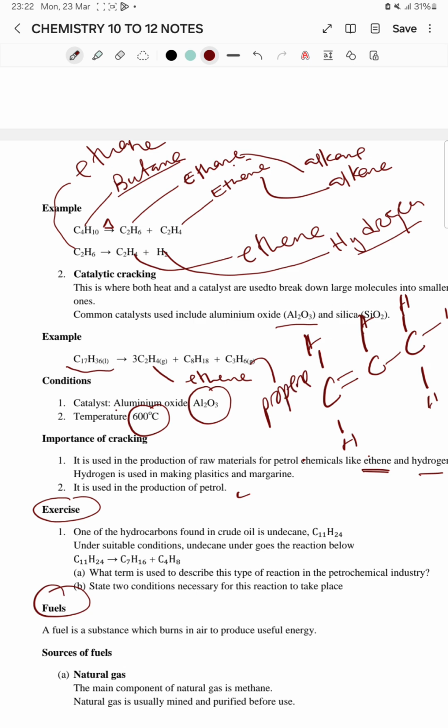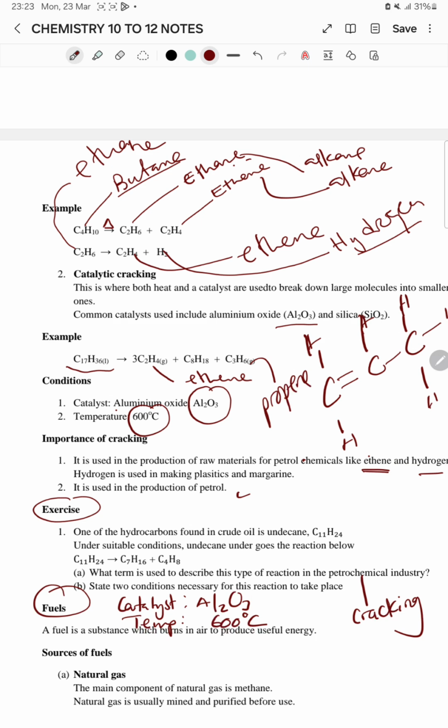What term is used to describe this type of reaction in the petrochemical industry? This is called cracking. Then state 2 conditions necessary for this reaction to take place. The catalyst is aluminium oxide, and the temperature is 600 degrees Celsius.